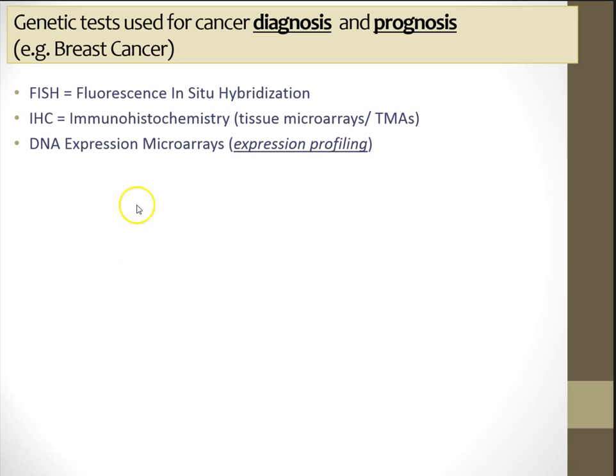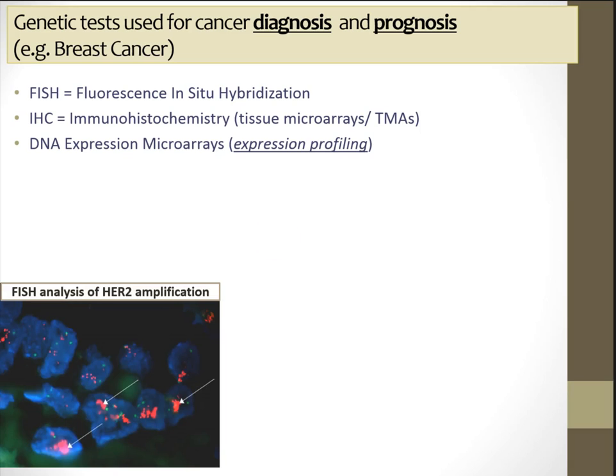For instance, fluorescence in situ hybridization or FISH, IHC or immunohistochemistry, where we can also use tissue microarrays, and I'll tell you what those are in class, and DNA expression microarrays, which basically test the expression levels of all of the genes. We use FISH analysis, for instance, to diagnose subtypes of breast cancer.